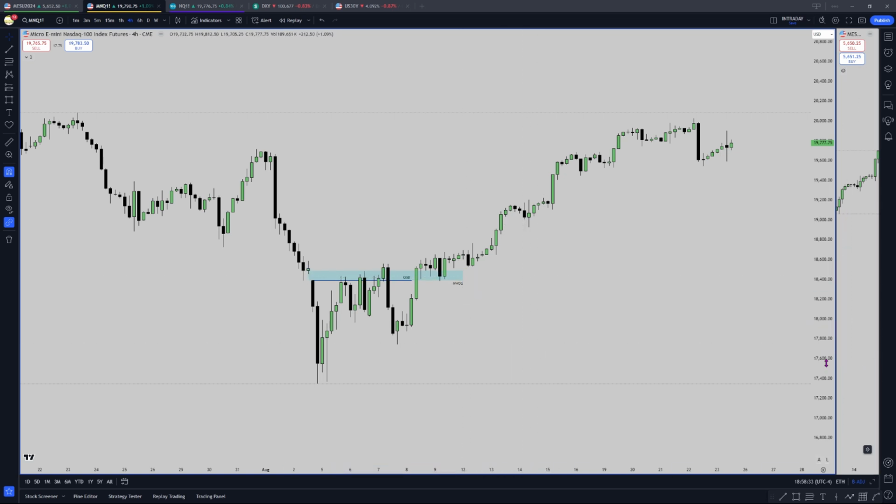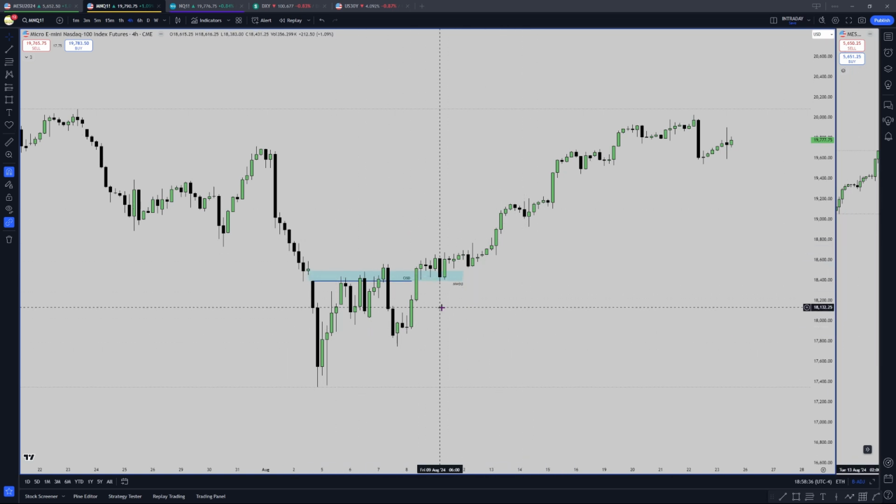So price revisits these areas, so they're essentially magnets for price. And for the weekly gap, you would want to see a 4-hour body closure, and for a new day opening gap, you'd want to see a 1-hour body closure.